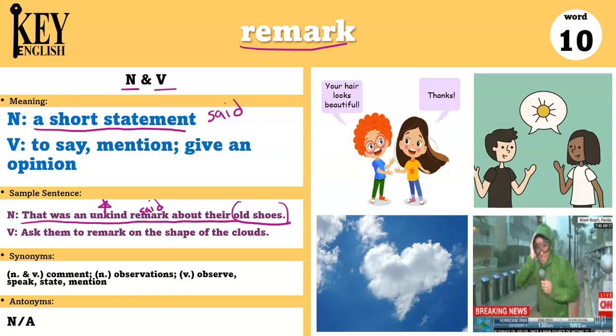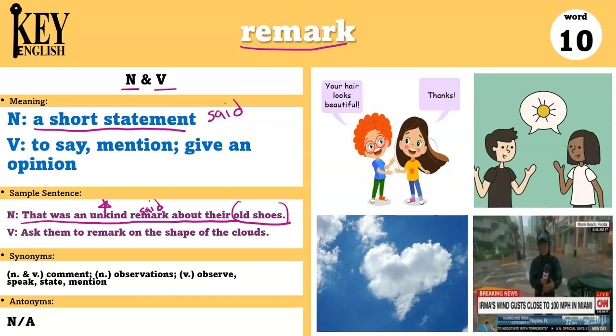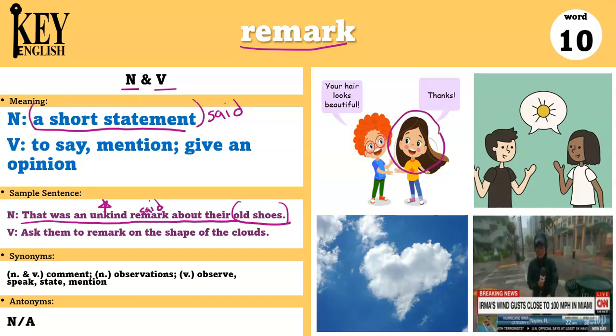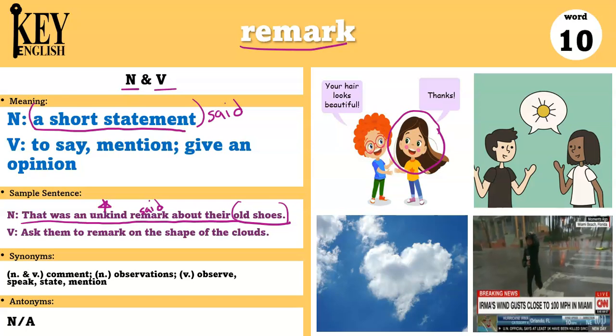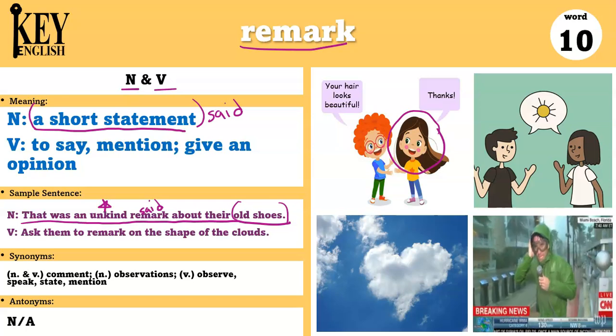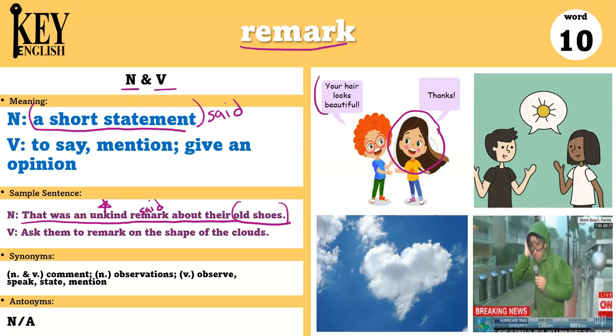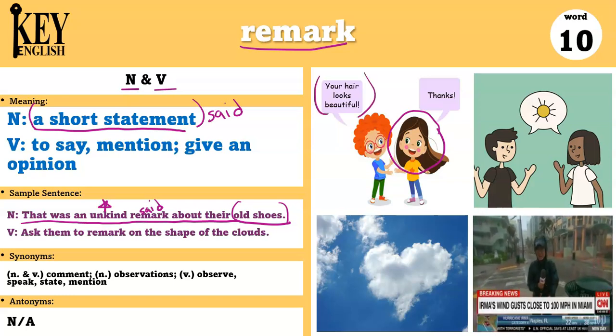It was not a nice thing to say. So remark is just something that someone is saying. For example, I can say, she received many kind remarks about her hair today. So many people said that her hair looked beautiful. She got remarks.